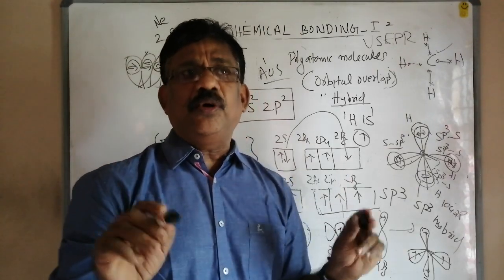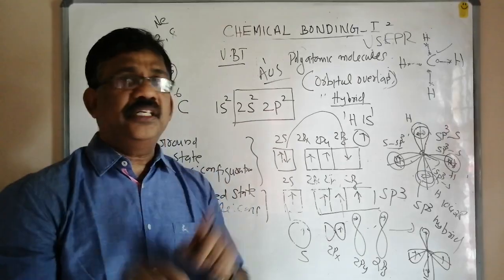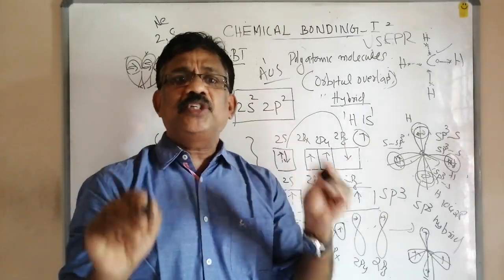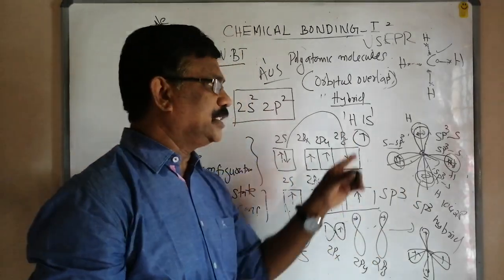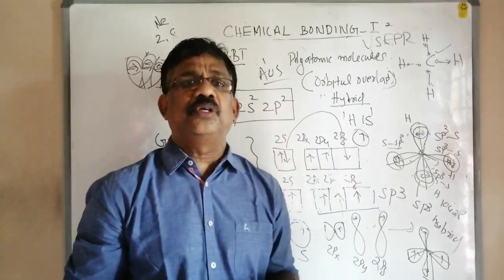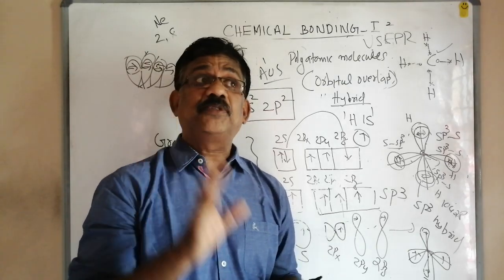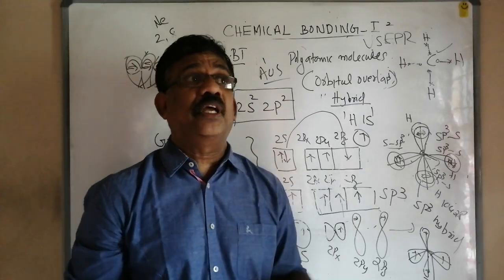Intermixing of atomic orbitals of the same atom having slightly different energies and different shapes to form new orbitals with the same shapes, same energies and same number. This is called Sp3 hybridization. So we discussed three different types of overlapping, SS, PP and SP, and different types of hybridization.